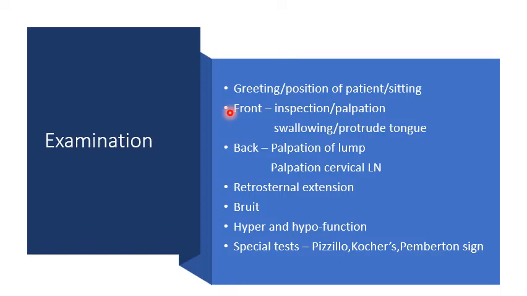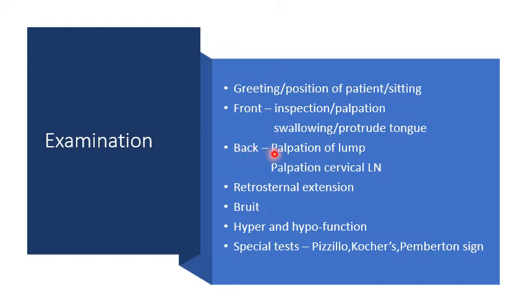So the thyroid or neck is examined from the front, inspection and palpation, and watching the movements of the mass on swallowing and protrusion of the tongue. After that, you inspect the neck from the side, and finally the palpation is done from the back with the patient sitting on a chair.